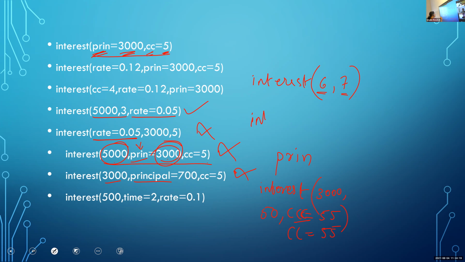The first value is one positional value, so this positional value 500 is assigned to the first argument, print. But we need one more value for CC. It is missing here. One value is missing, so it is invalid. The value for CC is not here, so this statement is also invalid. Okay, I'll give another question.